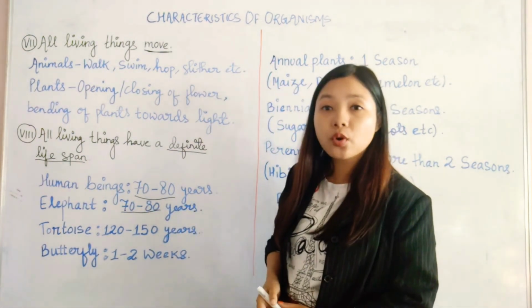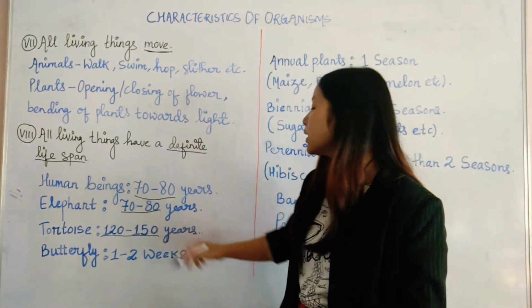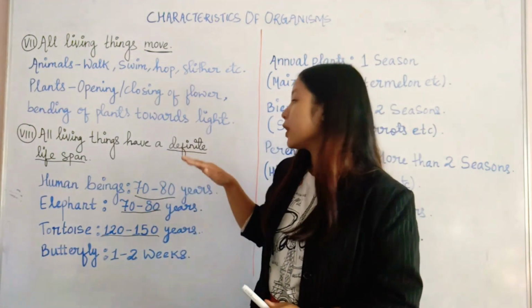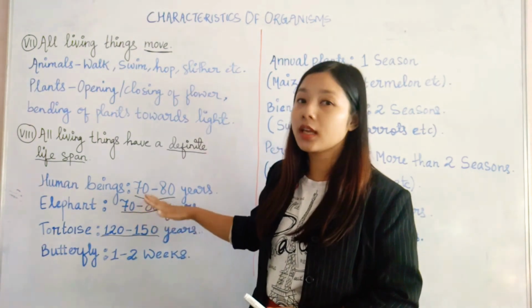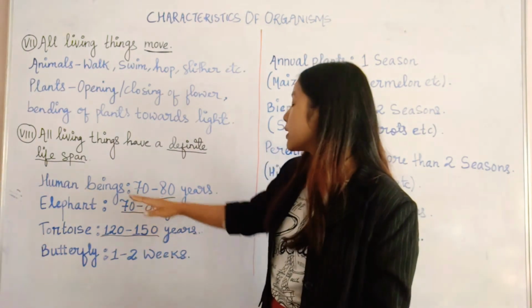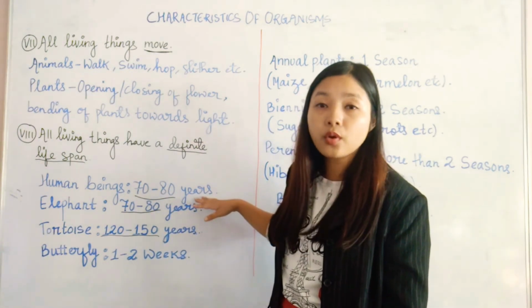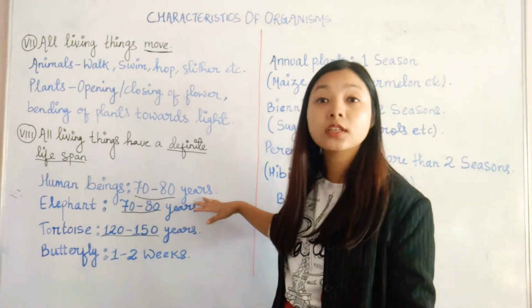In the case of tortoise, it is about 120 to 150 years of age. You mind it, these are average lifespan up to which most of them stay alive. But some may live for even more. For example, some of the human beings are also known to be alive up to the age of 110, 120.